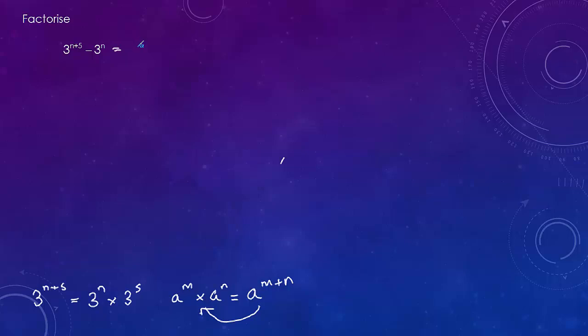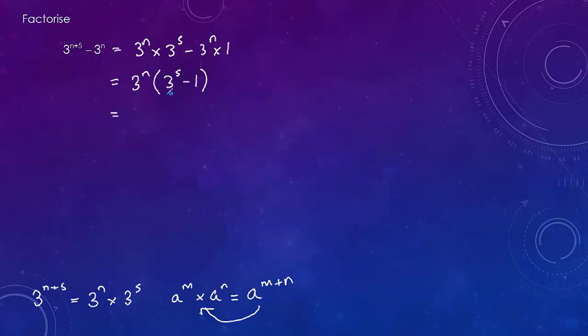So that would be 3 to the n multiplied by 3 to the 5, take away 3 to the n. And that gives us a common 3 to the n that we can take out. And then, remember that 3 to the n itself is 3 to the n multiplied by 1, we'd have 3 to the 5, take away 1.